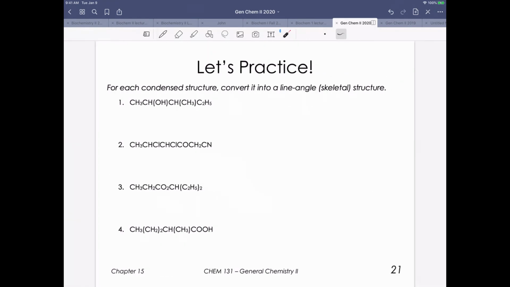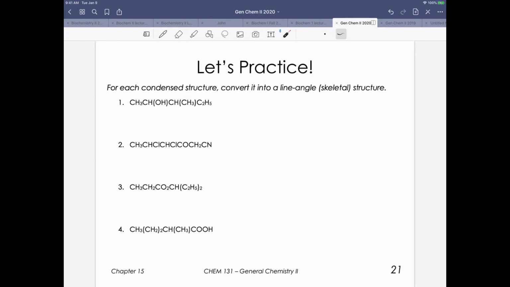What I want to do is spend a little bit of time practicing. This worksheet is available online. I encourage you to download it and write these out or print it out so that you have the ability to practice.